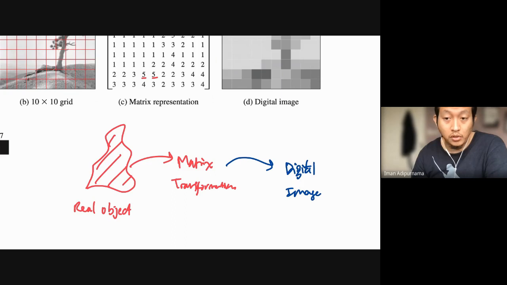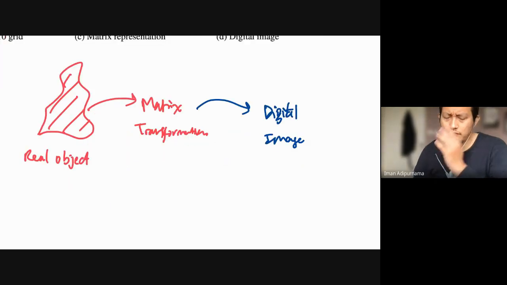That's why the more pixels. I'm not sure how high the smartphone has now, how many megapixels, like 10, or maybe 13, right?